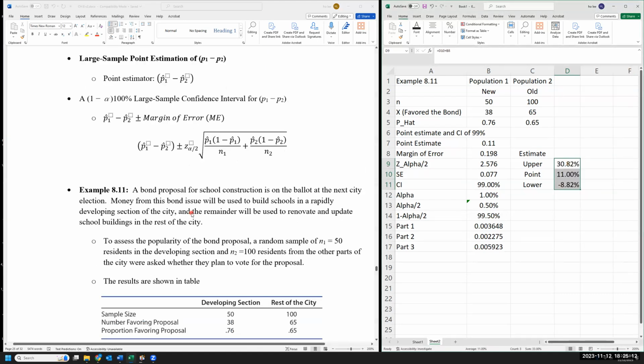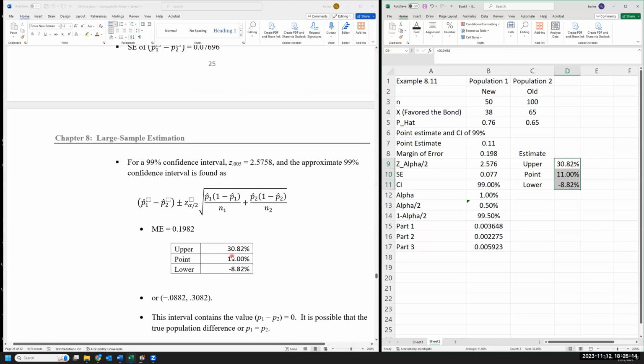Make sure these are correct. Let's look at the answer. Yep, 30.82, 11, and negative 8.82. Now, this is exactly what I talked about with regards to 99% certainty if the difference is positive. Here, we can't say that.